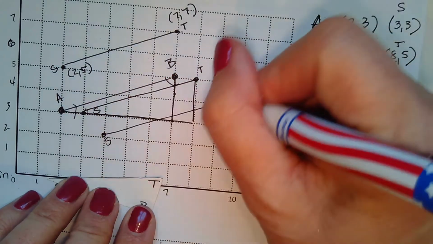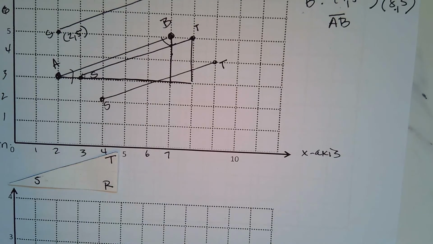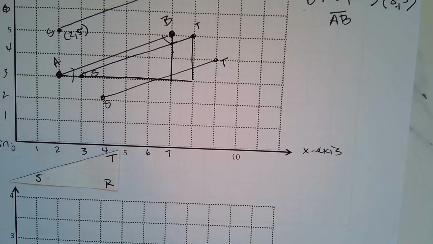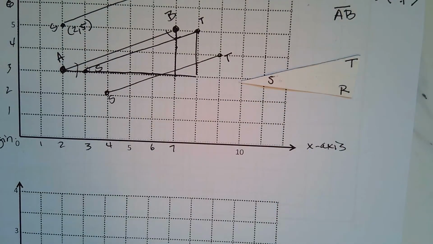Here's S now. Here's T now. Now, trace ST on your plane. Label the endpoints of your segment as ST. So we're going to push this off to the side.